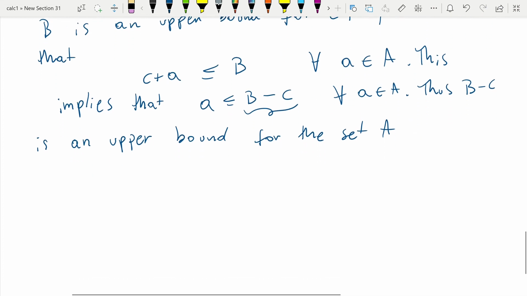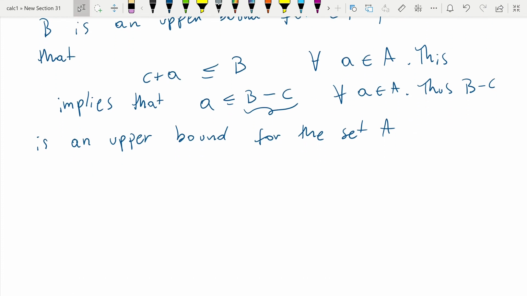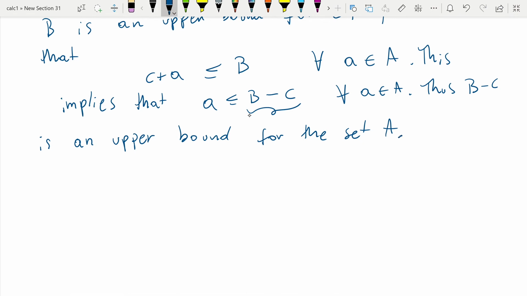But if it's an upper bound, it must be bigger than what? So therefore, we can put this in here. Since it is an upper bound, what can we conclude?